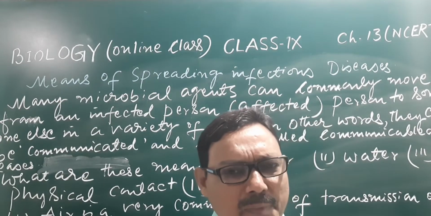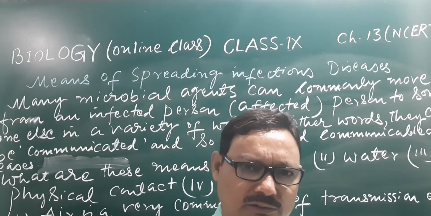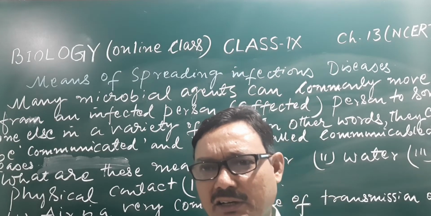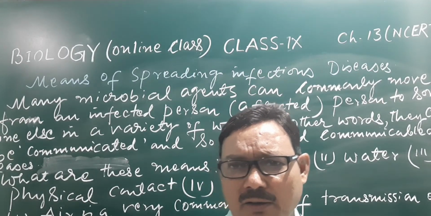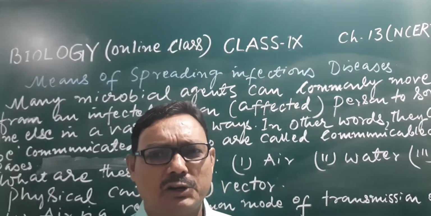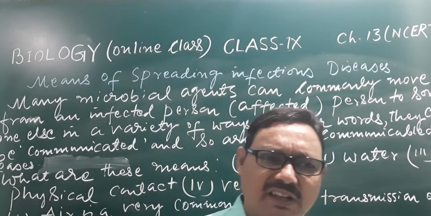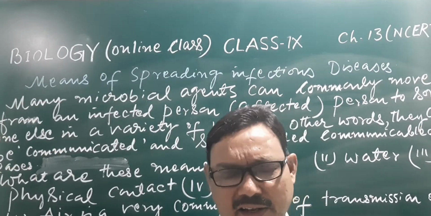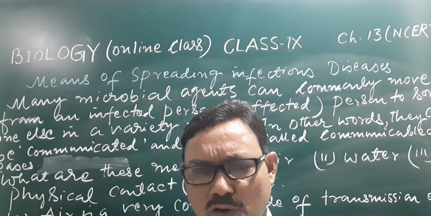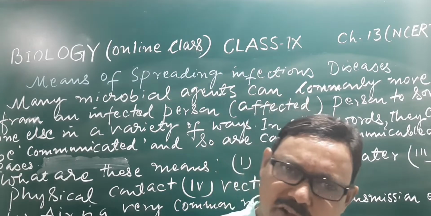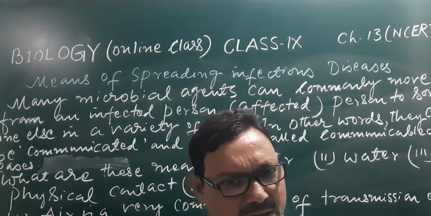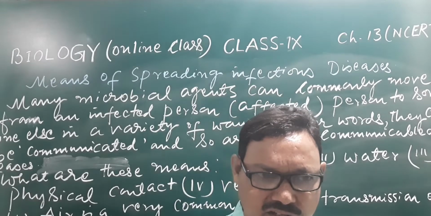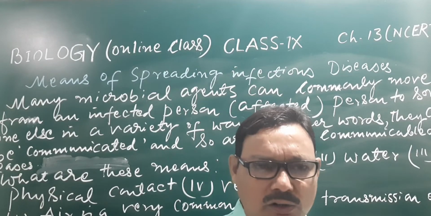The larger ones will settle down, and some may not settle down and may remain within the air. And when a person close to him comes in contact, that person may be affected.